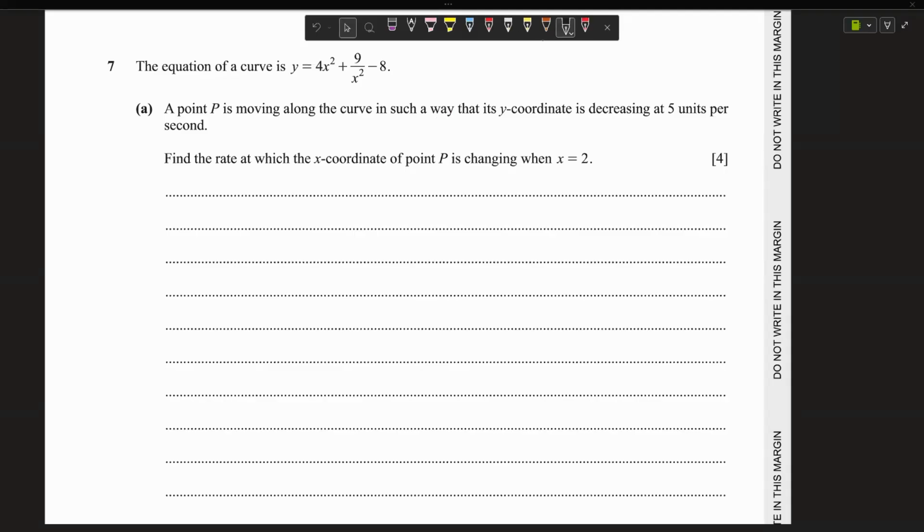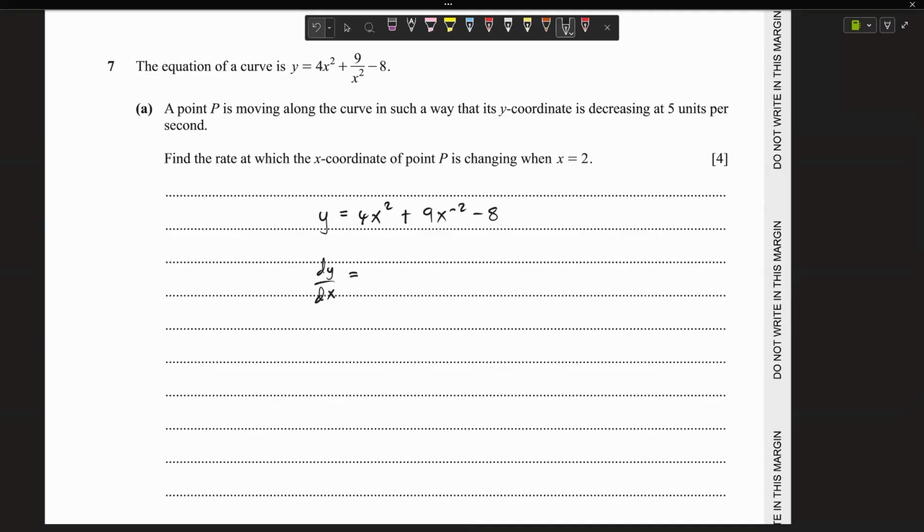We're going to start by finding dy by dx. We have been given y to be equal to 4x squared, and this can be written as 9x to the negative 2 and minus 8. And we're going to look for dy by dx.